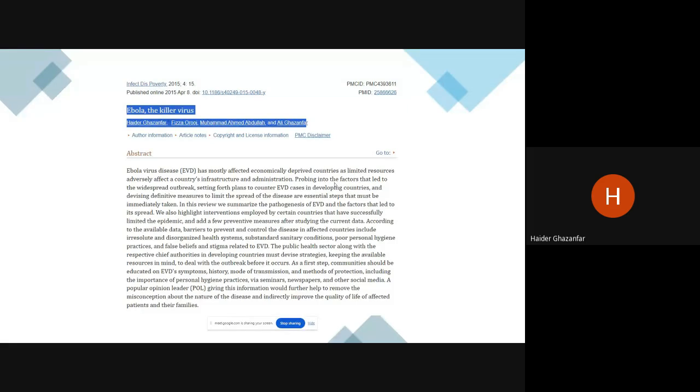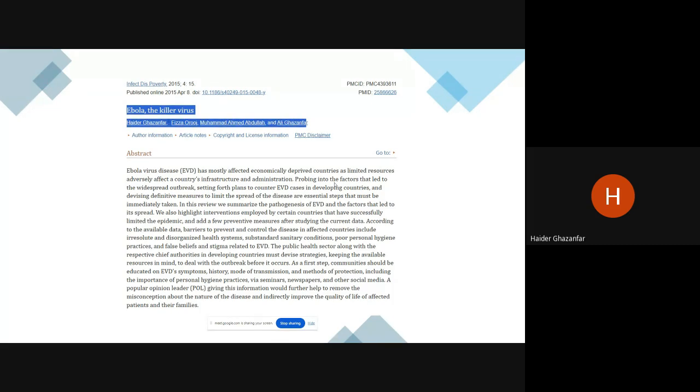So choosing a topic is very important, and sometimes timing also matters. For example, later on there was an outbreak of Zika virus, and we wrote a review article on that. If you're writing an article on epidemics and you're really fast about it, for example, if the epidemic started in March and you're able to complete your review article by April or May, you will have a very good chance of publishing your article in a very good journal.